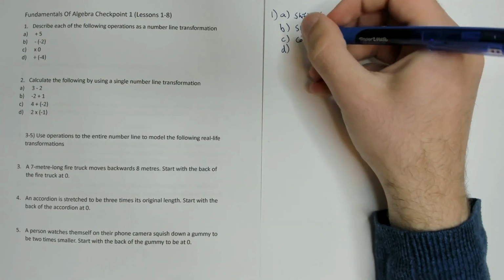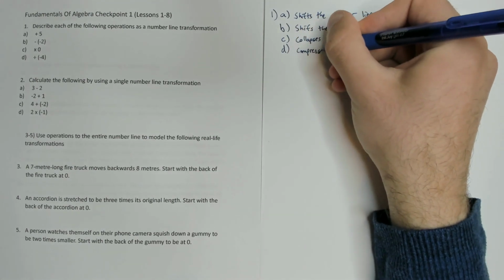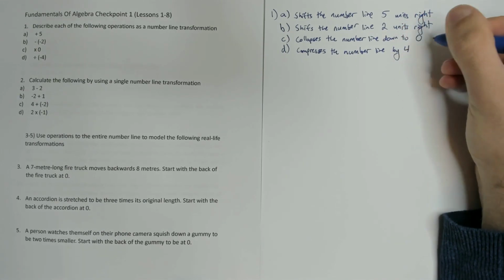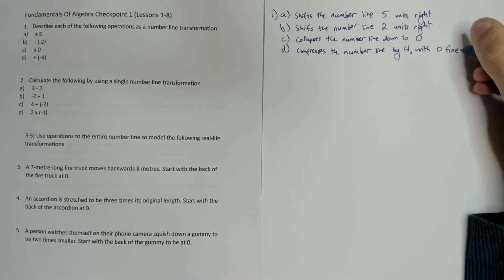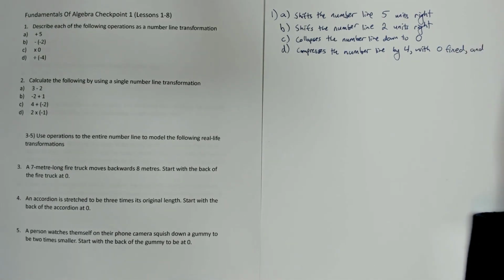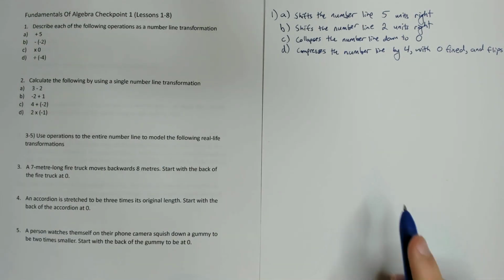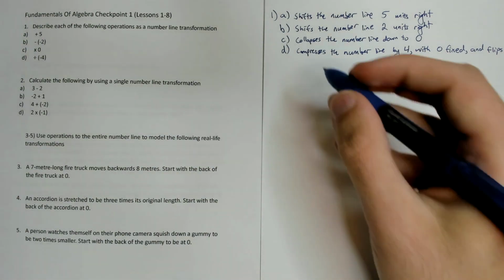So this refers to a compression of the number line by 4 with 0 fixed. So that's the dividing by 4 part. And it flips the number line. That's the negative portion of the dividing by negative 4. So these are all 4 of the transformations for parts A through D.